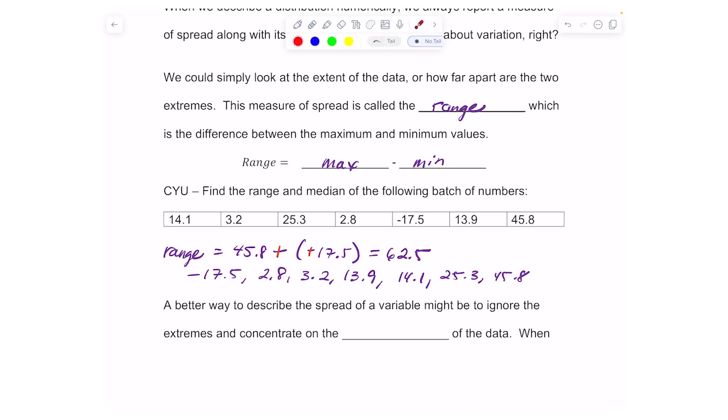And all I have to do here, there's an odd number of numbers, so I'm just going to count my way to the middle. You can cross numbers out until you get to the middle number. And my middle one is 13.9, so that's my median.